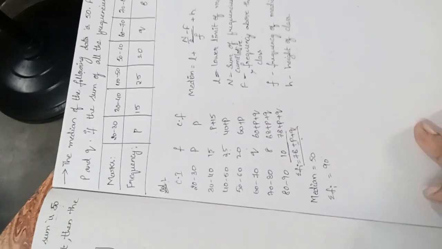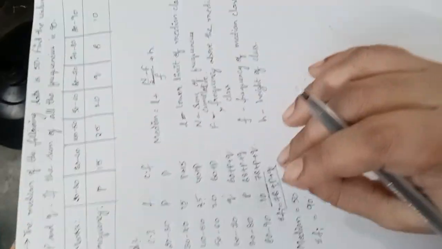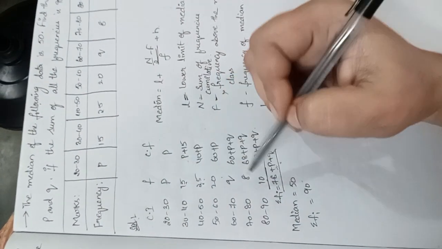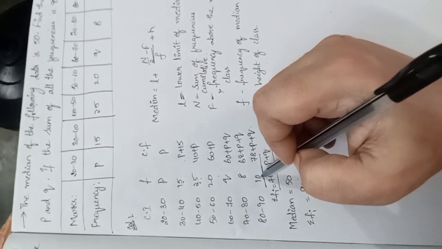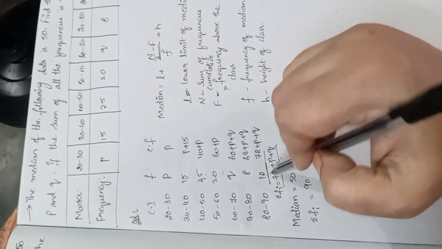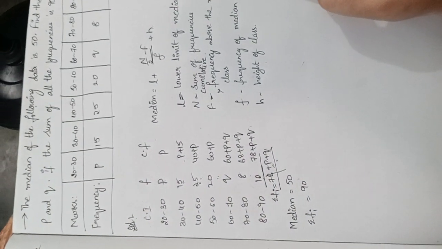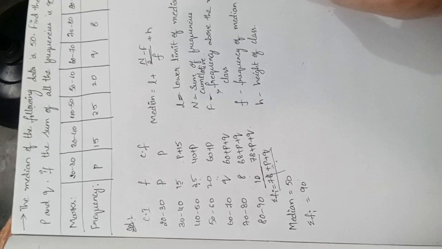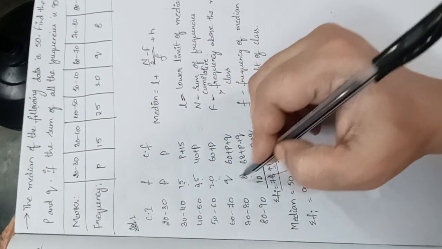Now, coming to finding the median class. How can we take the median class? From the total number of classes or frequencies, we have to take the middle one. Here what do you have? 1, 2, 3, 4, 5, 6, 7.